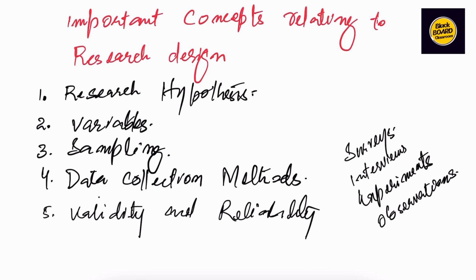Validity refers to whether a study measures what it claims to measure, while reliability pertains to the consistency of research results. So validity validates, and reliability pertains to the consistency of your research results. These are important concepts which must be included in the research design.